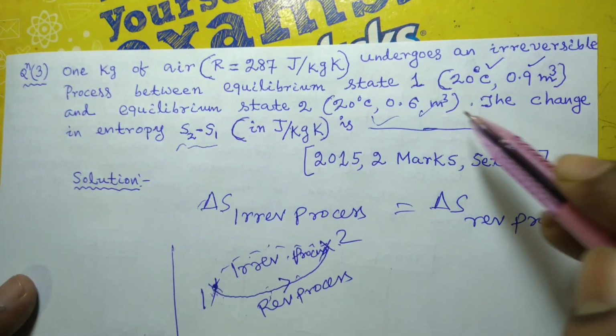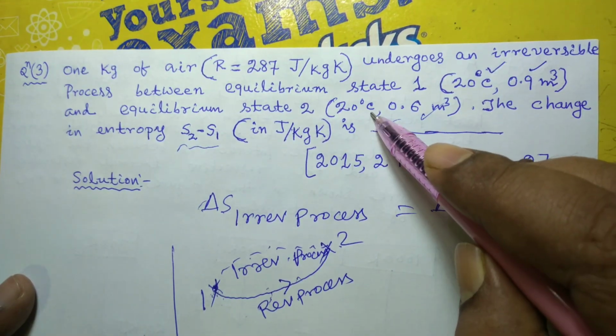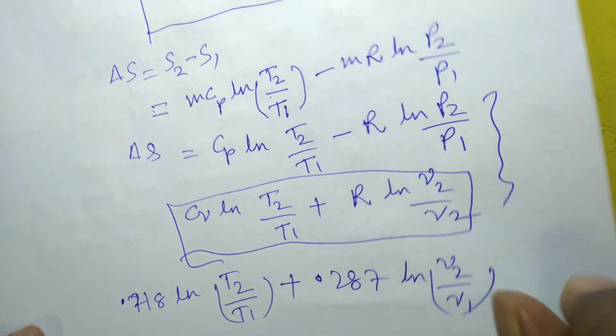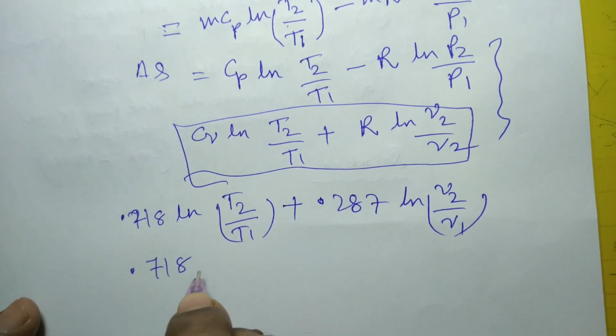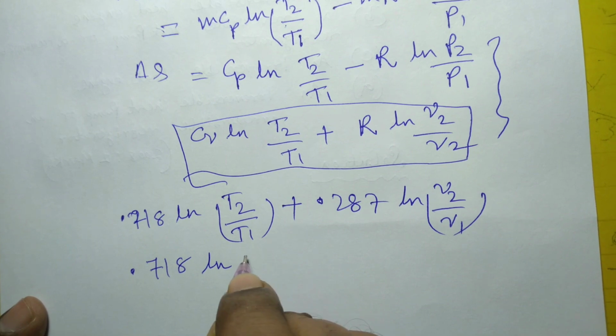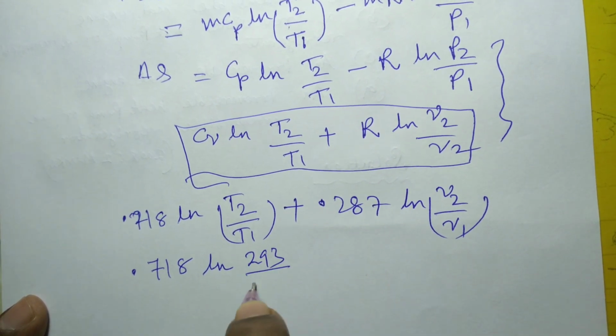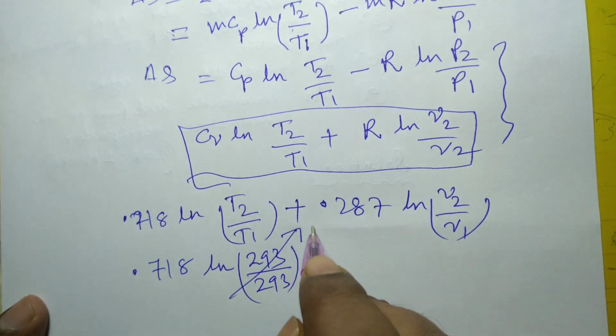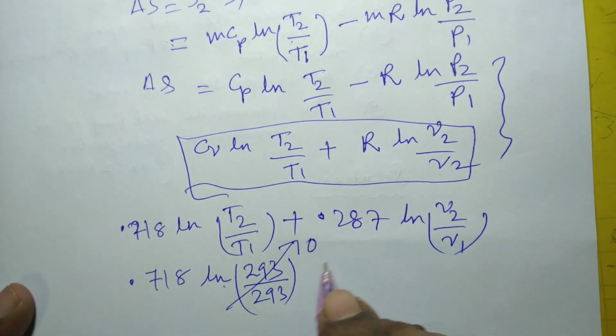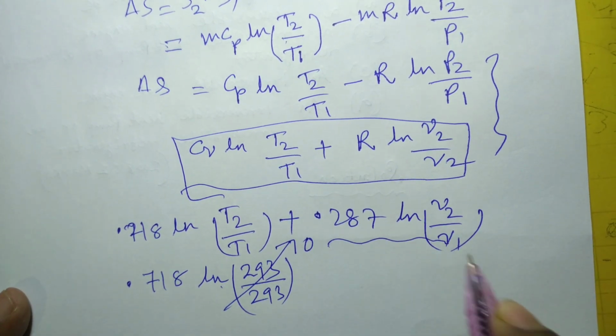Temperature at state 1 is 20 degrees Celsius and temperature at state 2 is 20 degrees Celsius. So this will be 0.718 ln of 293 divided by 293, in terms of Kelvin. This will come out to be 0 because ln 1 is 0. So now only this term is remaining.